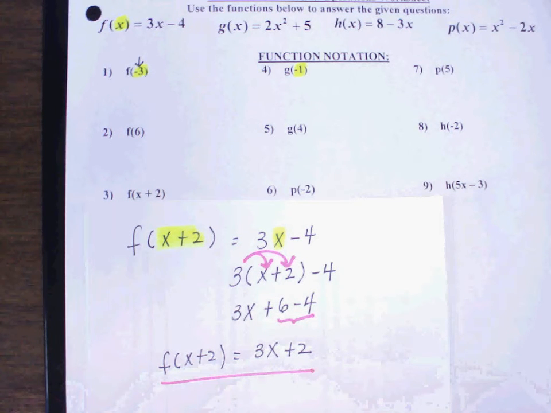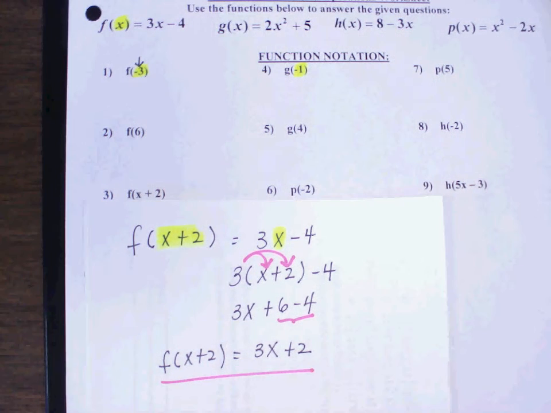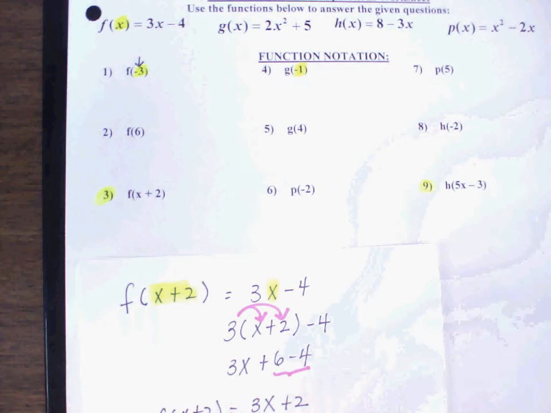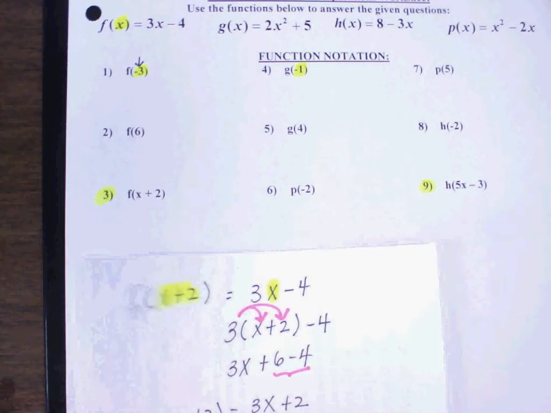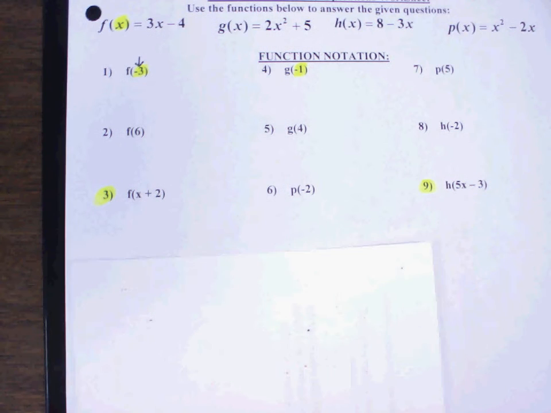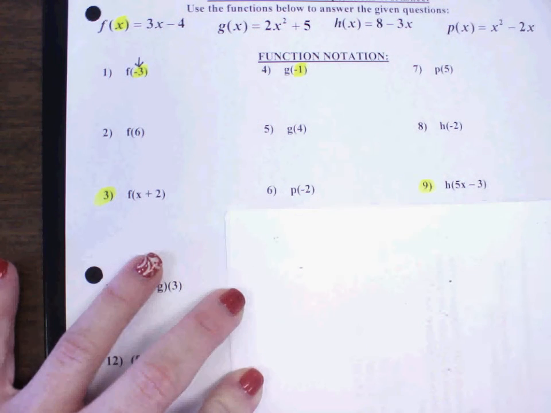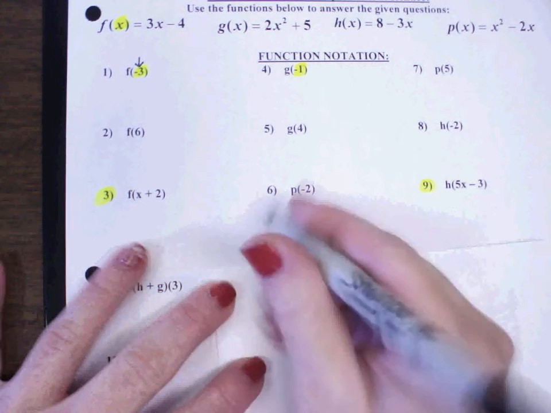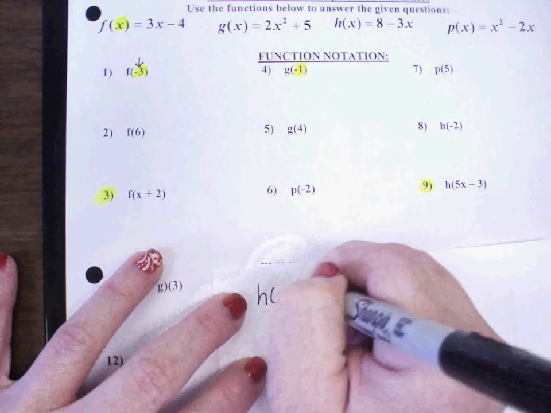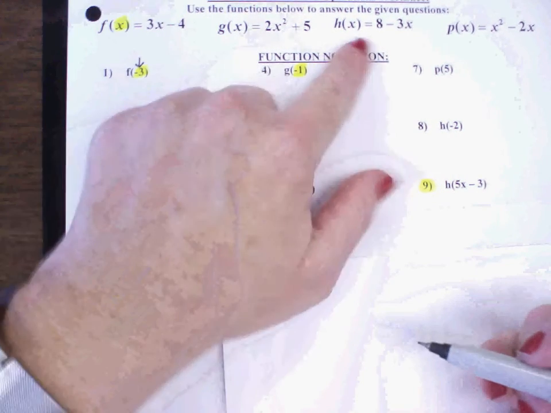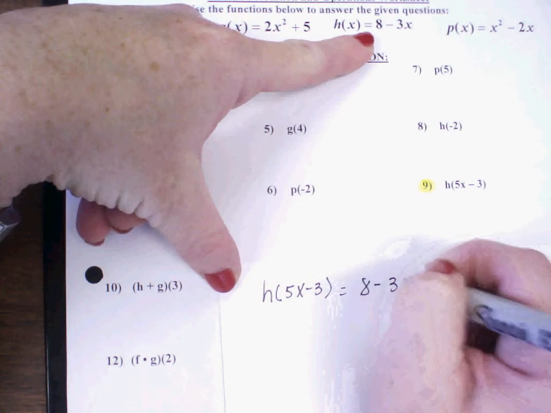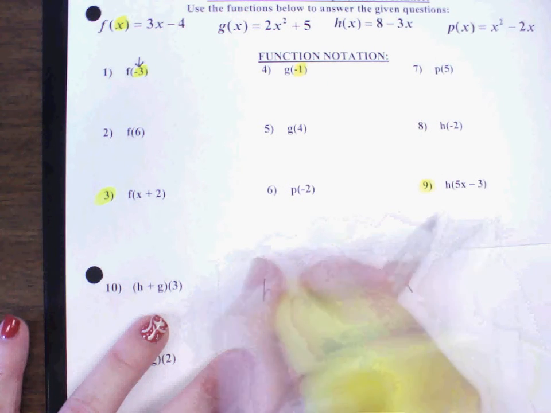All right, for number 9, we have h of 5x minus 3. And now we got to figure out what's h of x. H of x is 8 minus 3x, which means all of these is that. So that would be 8 minus 3, parentheses, 5x minus 3, because I'm going to substitute it. And then what do I have to do with that negative 3?